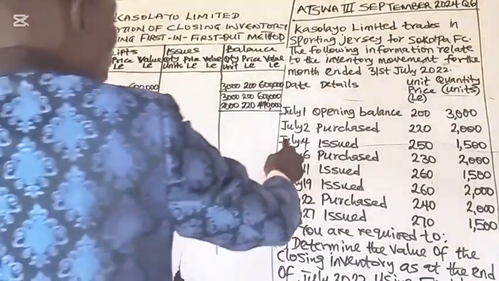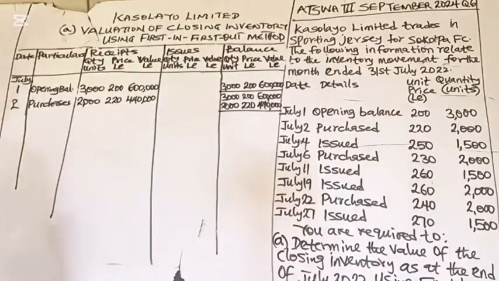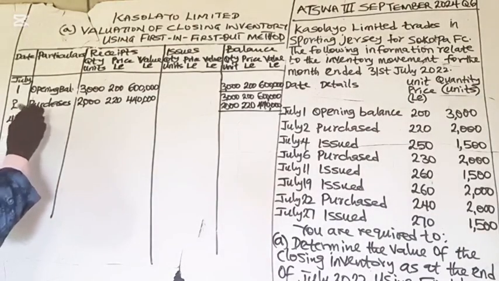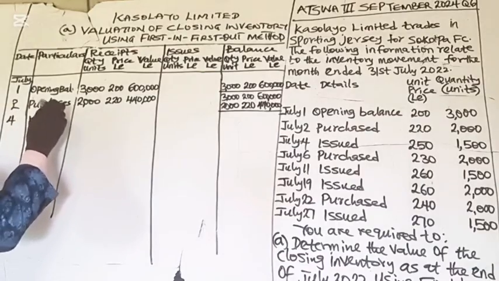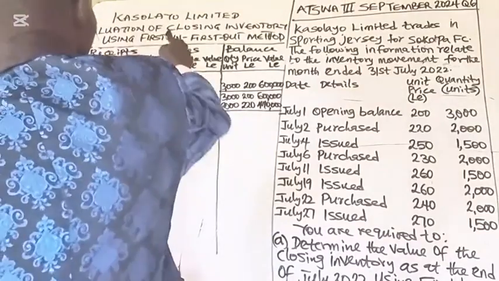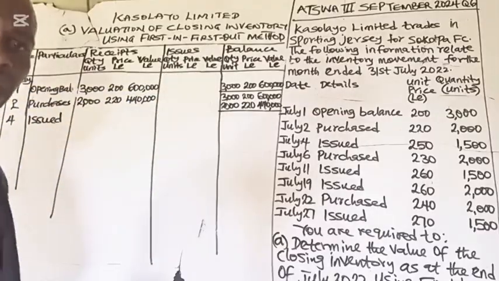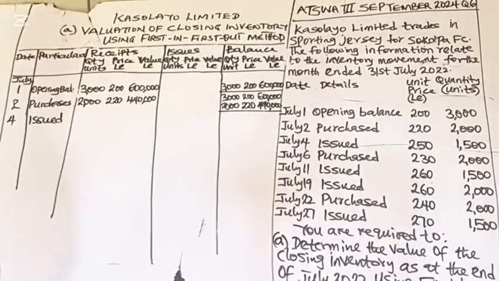On the 4th of July, you issued 1,500. Remember, the method in use is first in, first out method.